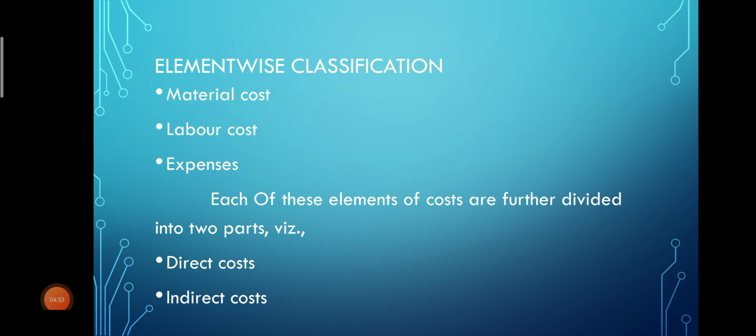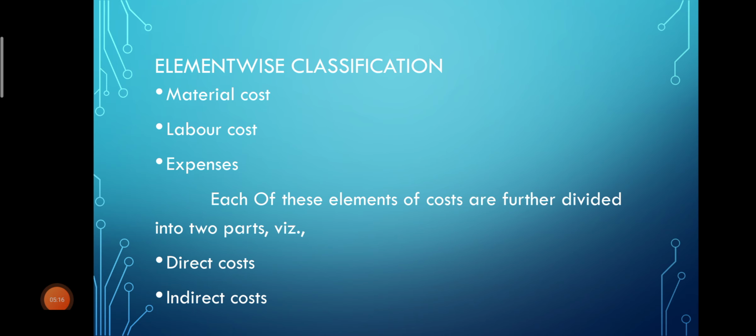Now these are all examples of direct material cost. Direct material cost means the materials which can be easily identified in the final product. Such material expenses will be called direct material expenses or cost.